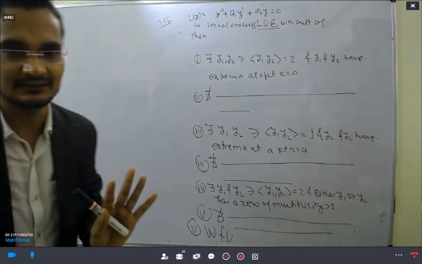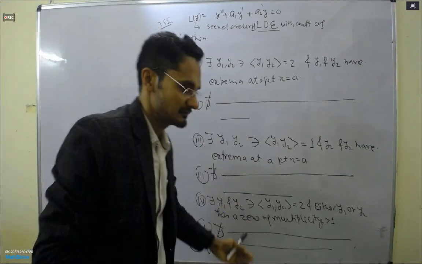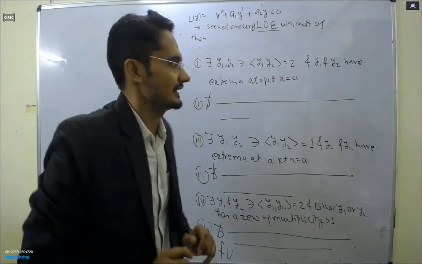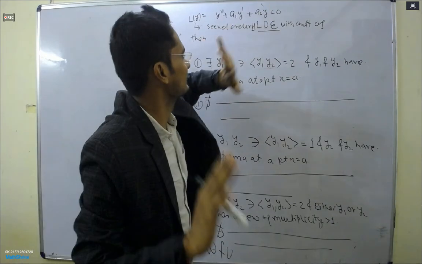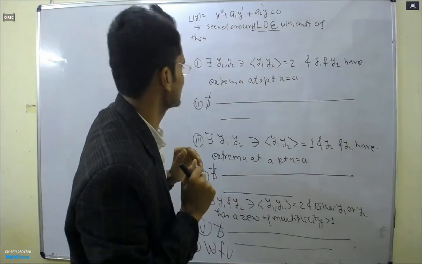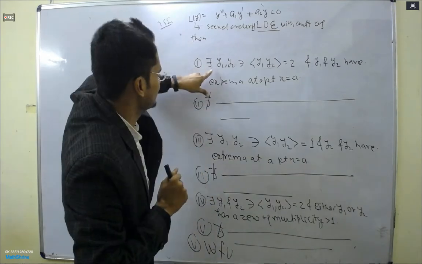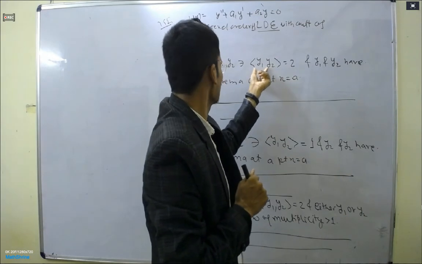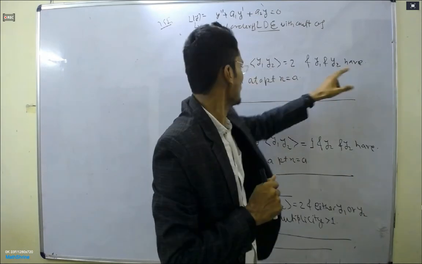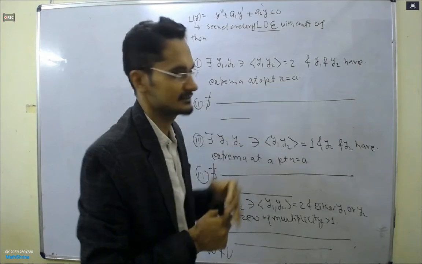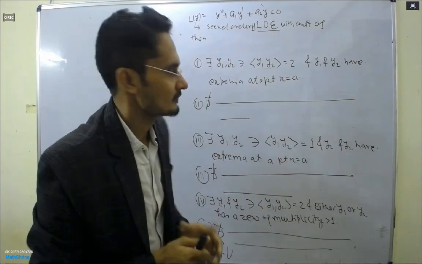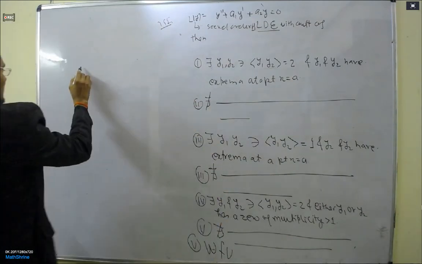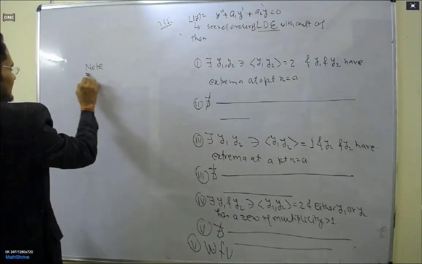I will look at what extrema means later, but we are aware that the Wronskian of two functions y1 and y2 at any point is equal to the Wronskian of y1, y2 at any other point. Mind that this is only when Ly1 is 0 and Ly2 is 0.